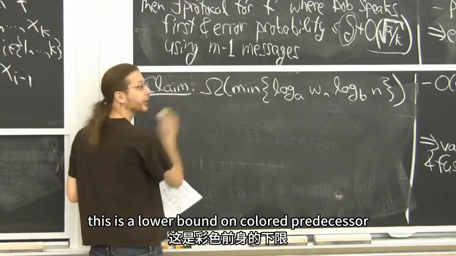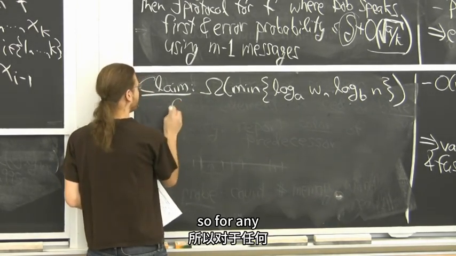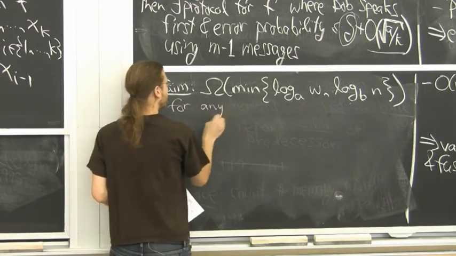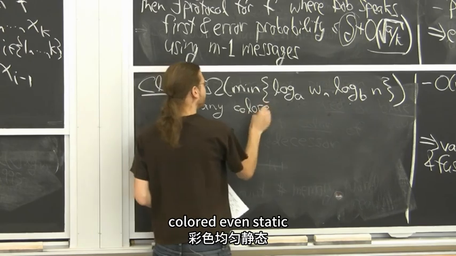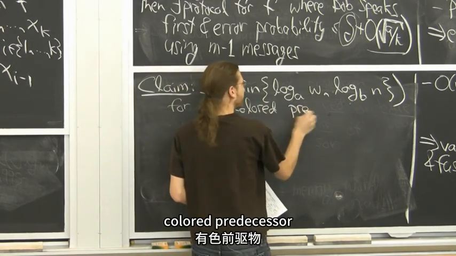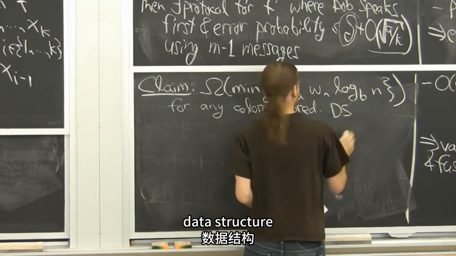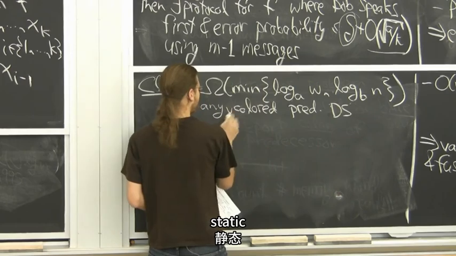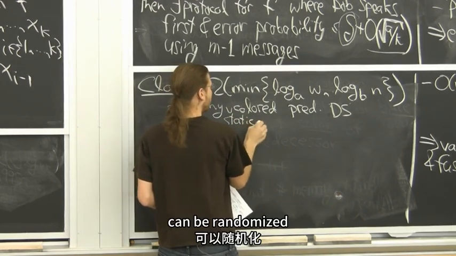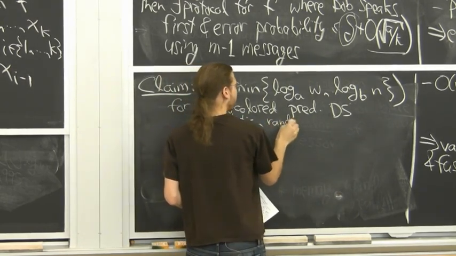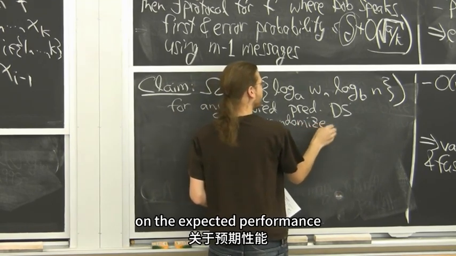This is a lower bound on colored predecessor. So for any colored, even static colored predecessor data structure, it can be randomized, and this will be a lower bound on the expected performance.